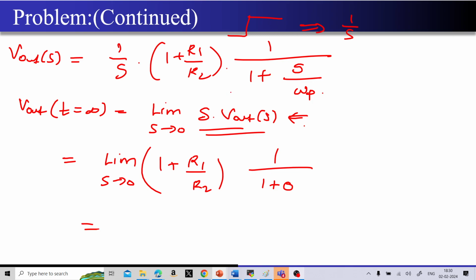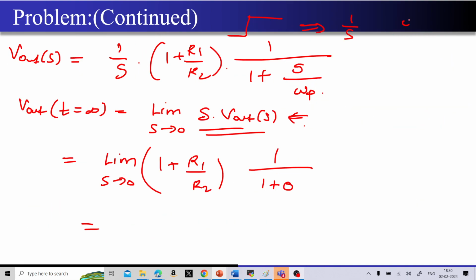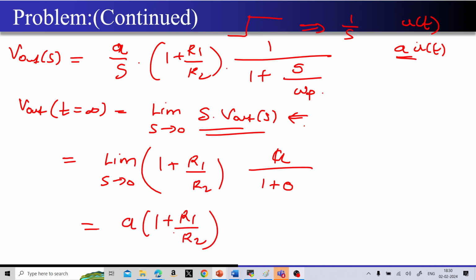And one more thing, I have assumed the unit step amplitude to be u of t, but actually it may be A into u of t, some amplitude, right? So that A also I have to include over here, correct? So that A will also get multiplied over here. So the final value that I will be left with is nothing but A into 1 plus R1 by R2, correct? This is V out at t equal to infinity.